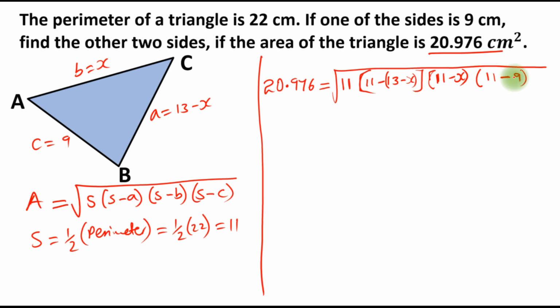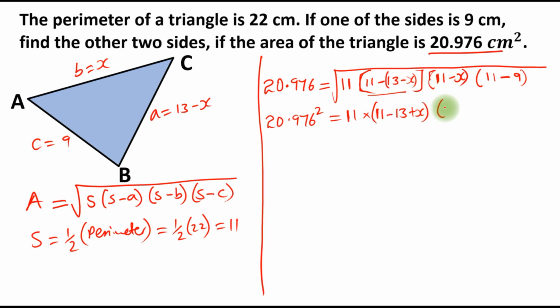Right. Now we can square both sides so that we remove the square root sign, such that we have 20.976 squared is equal to 11 times, we open the bracket for this case, 11 minus 13, then plus x, still that you treat as one bracket.